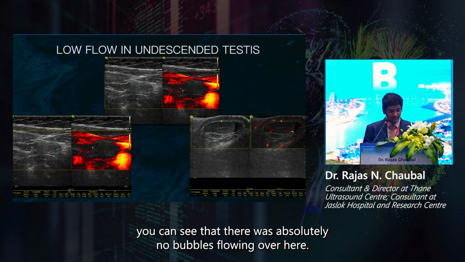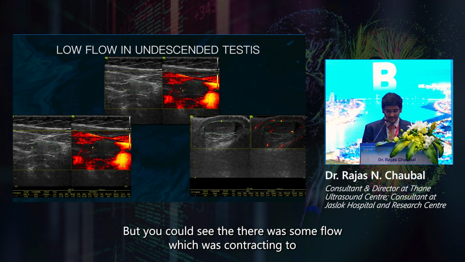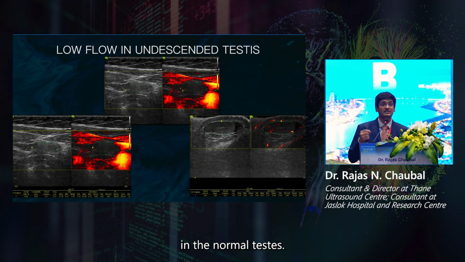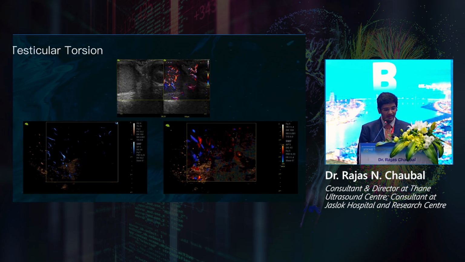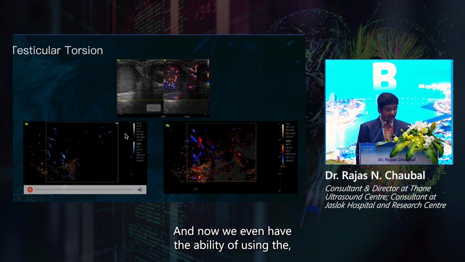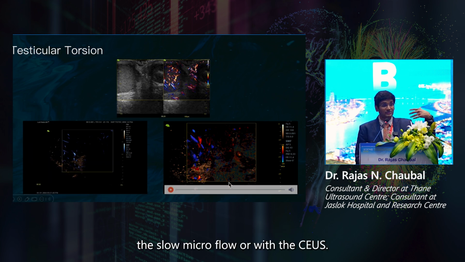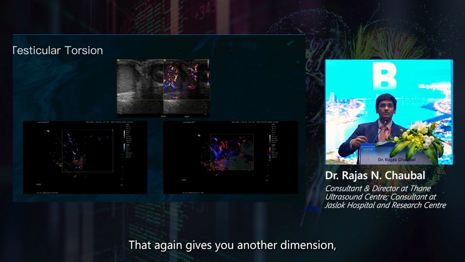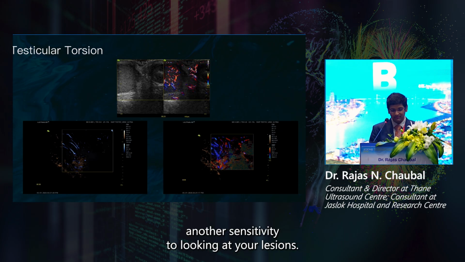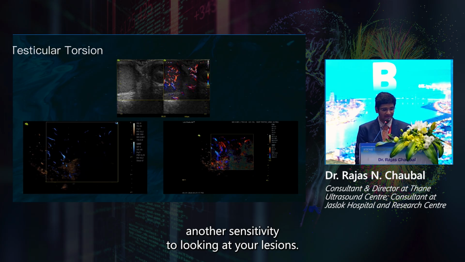So this, for example, you can see that there were absolutely no bubbles flowing over here, but you could see there was some flow tracking through in the normal testes, so you are that more certain of your diagnosis. And now we even have the ability of fusing the slow microflow with the CUS, so that again gives you another dimension, another sensitivity to looking at your lesions.